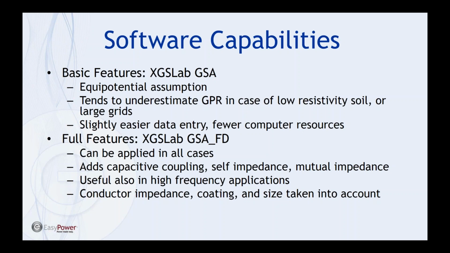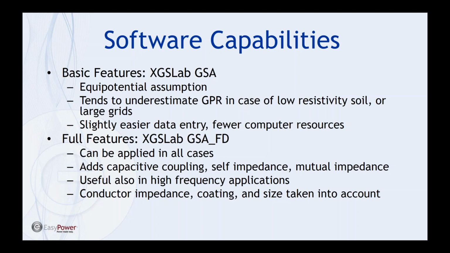And the main change between this and the last one is that the equipotential assumption is now gone. We're still only modeling below grade facilities, but now we include the self-impedance, or the actual impedance of the conductors. And that also includes maybe conductor coatings or something like that, and the conductor size.